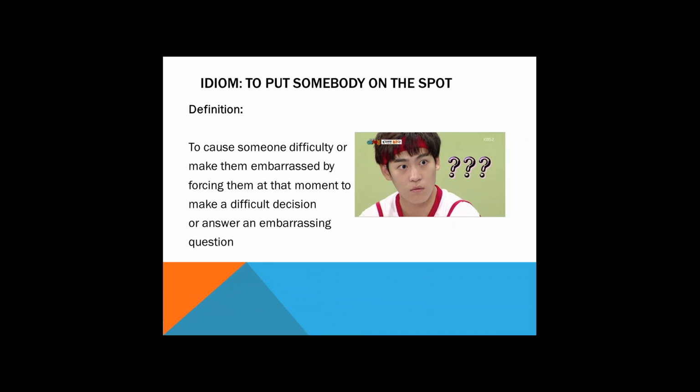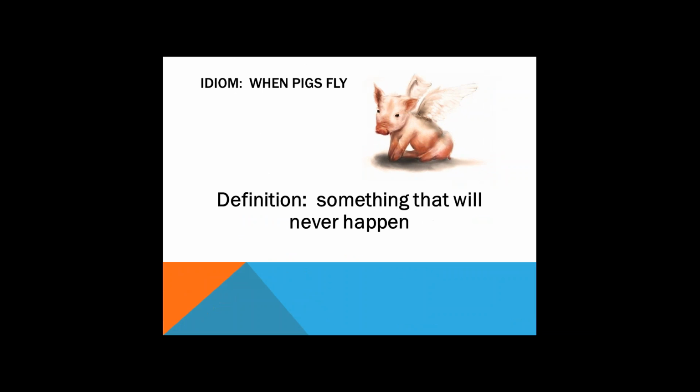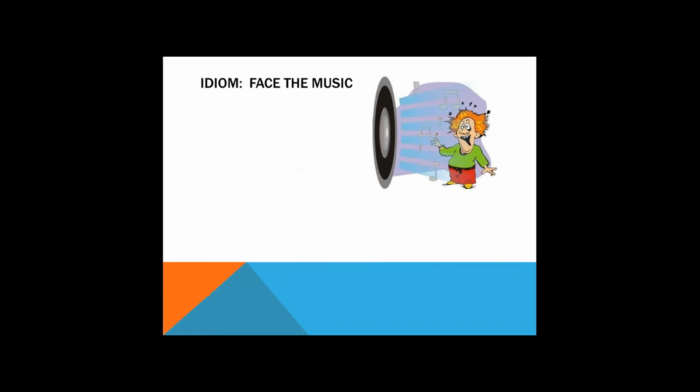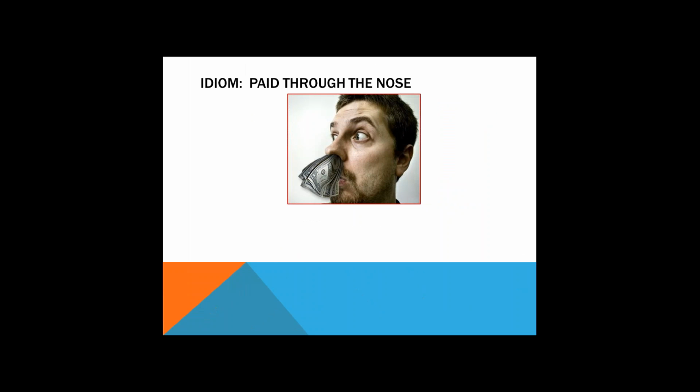A few more examples of idioms you could use with your students are: when pigs fly, something that will never happen; facing the music, facing the consequences; and to pay through the nose, paying a lot of money.